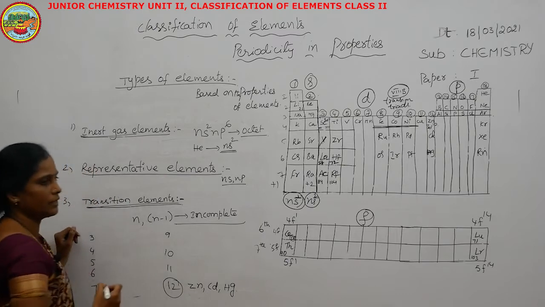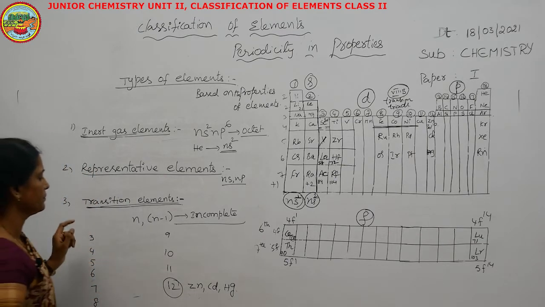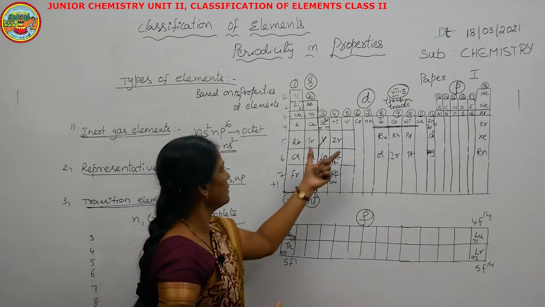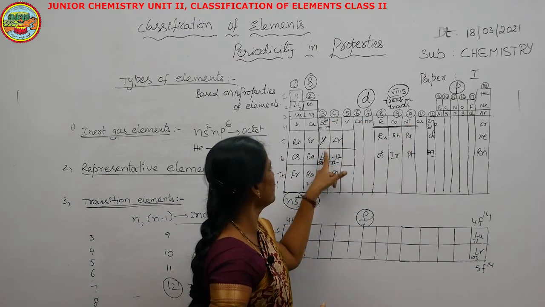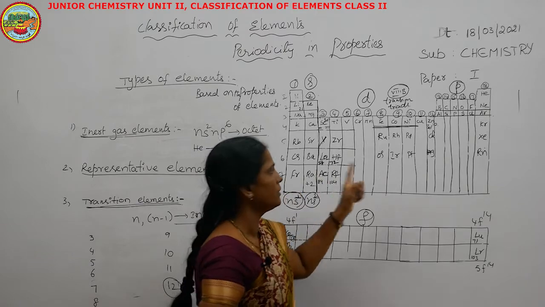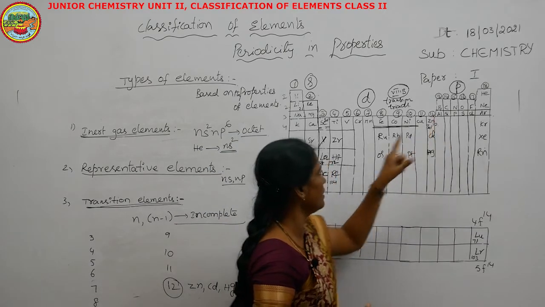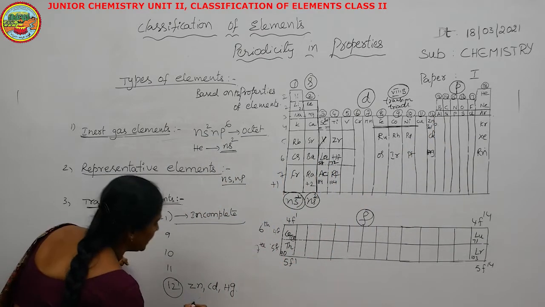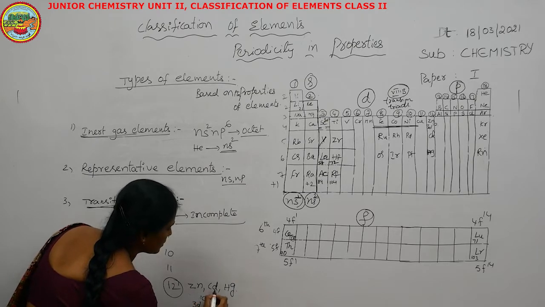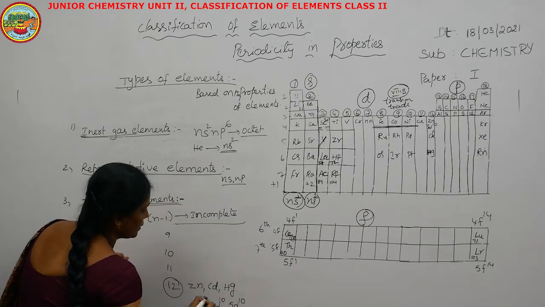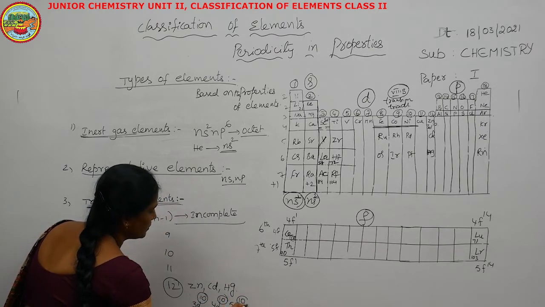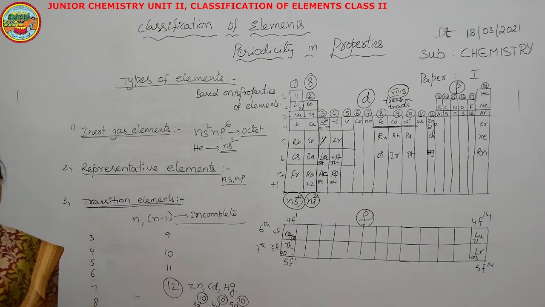If you consider the electronic configuration, we already discussed there are 4 series. This is called 3d series, 4d, 5d, 6d series. 3d series means zinc has configuration 3d10, cadmium 4d10, 5d10. That means d orbital is completely filled, 10 electrons.